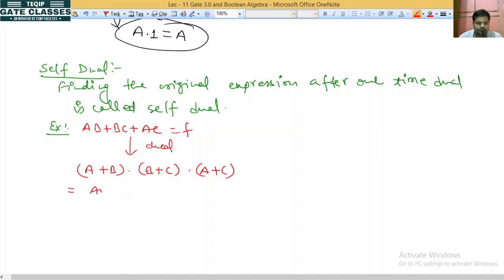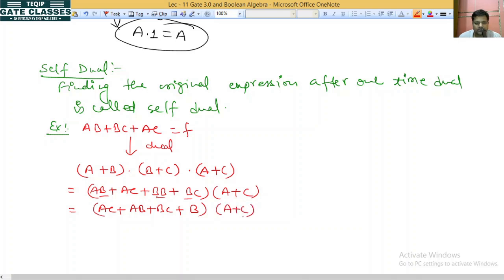AB plus AC plus BB plus BC, here BB equal to B, so it is AC plus AB plus BC plus B. Take B common: it will be B times (A plus C plus 1).